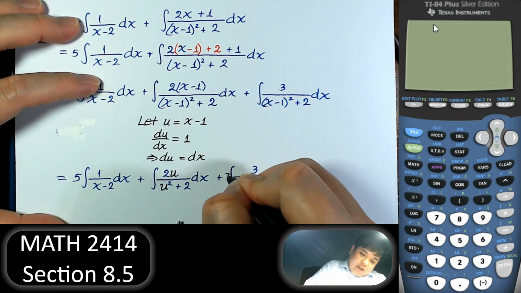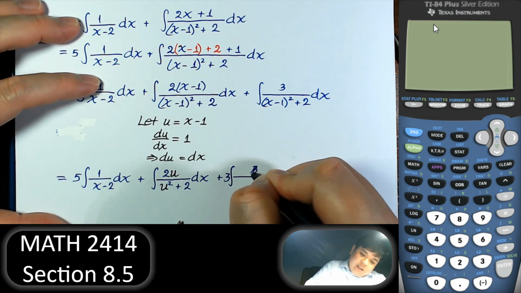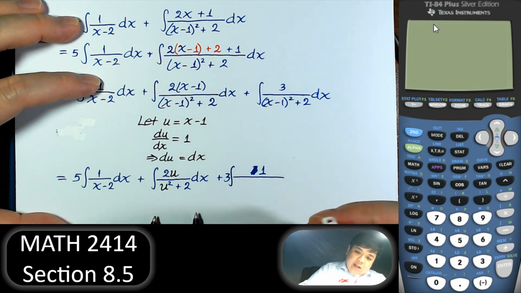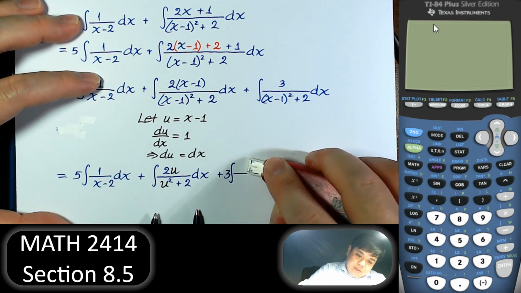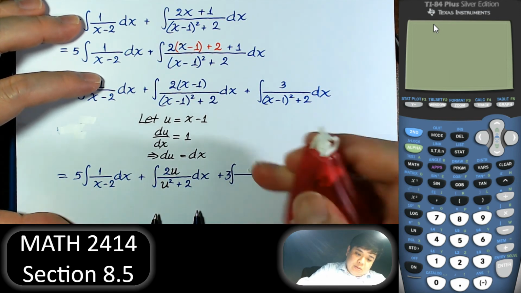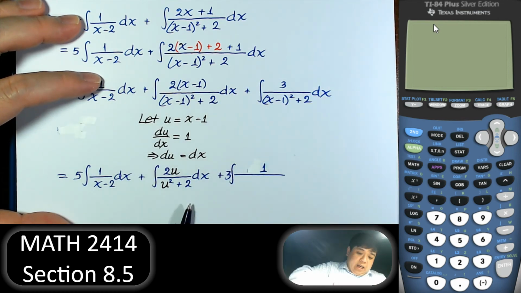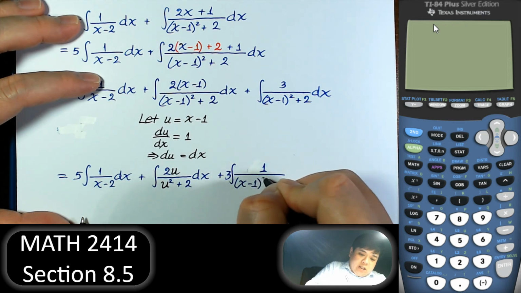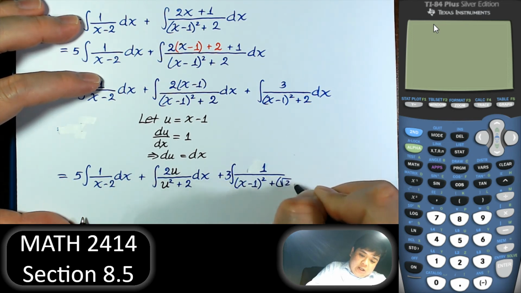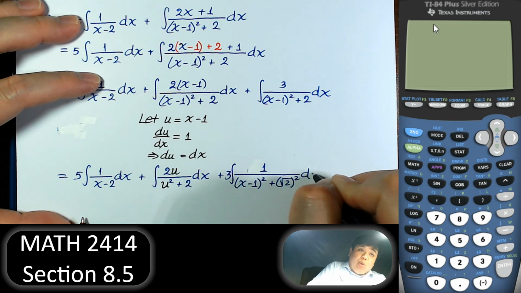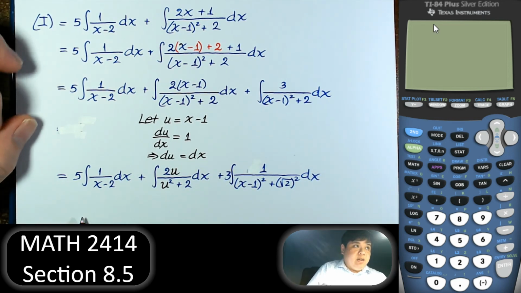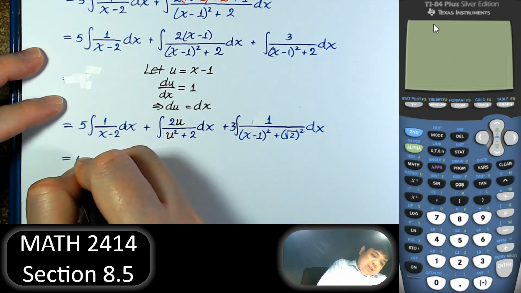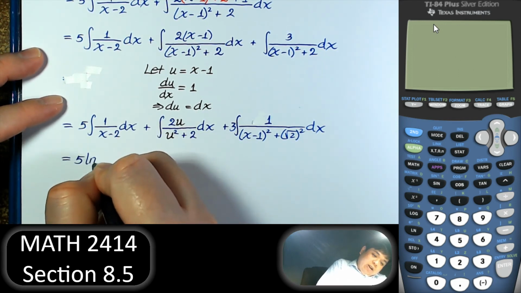Take the 3 outside. And then at the bottom, I write x minus 1 squared plus square root of 2 squared. So it will be in the right form of the integral. And integral of this is 5 ln of x minus 2.